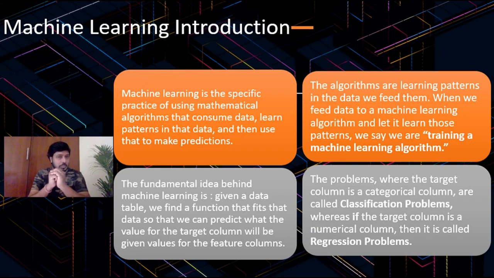So, from a data perspective, the problem is reduced to compiling a table with historic data. We have one column in the table representing what we want to predict, which in our example was sales. In the language of machine learning, this column is called the target. The other columns are called the feature columns, or just features or drivers, and are used to predict the values of the target column.